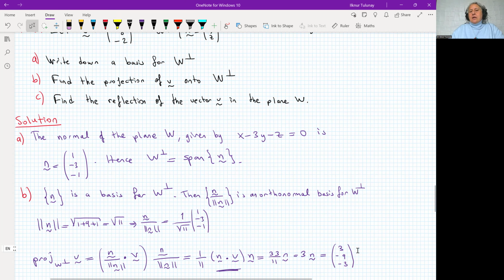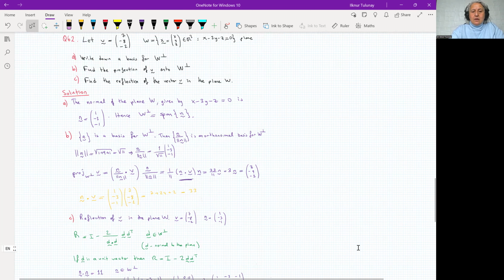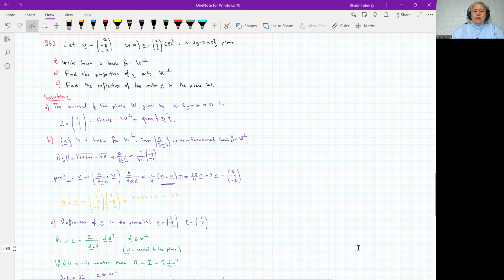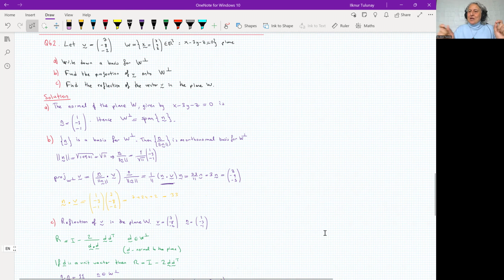As you realize, this is really just a few lines of calculation. Calculating the reflection might take a little bit of matrix calculation, but other than that, finding the projection and finding the spanning set is very straightforward for this question because you have a plane equation in R3, just because we know some facts about planes in R3.